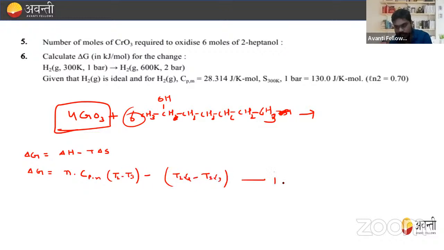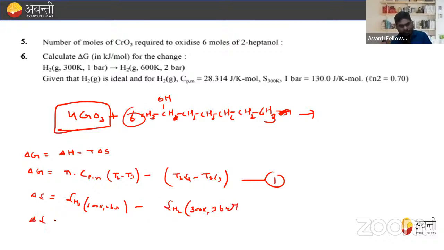So this we also know. Now here delta S is already given. What is delta S? Delta S is the entropy of H2 at 600 Kelvin, 2 bar, minus the entropy of H2 at 300 Kelvin and 1 bar, right?